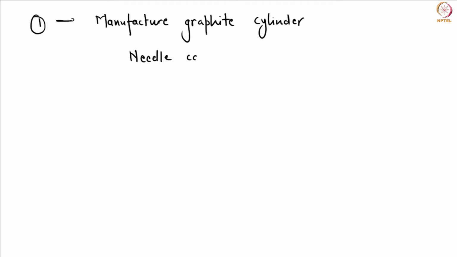Okay, and how are you going to do that? Well, you have learned a few techniques for that. Also, you know the precursors. For example, you can make it using needle coke, or you can also make it using some other polymer, for example, PVC. And the most common one would be needle coke plus say either a pitch or resin binder, and then basically you will heat treat it.